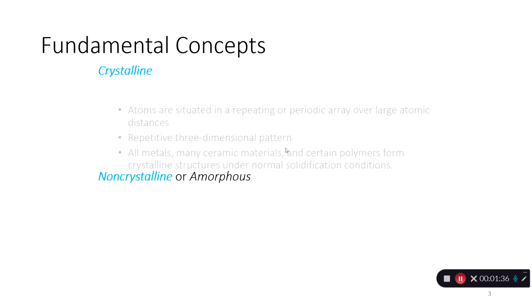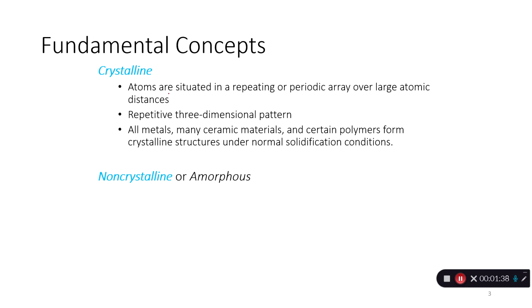The definition of crystalline is when atoms are situated in a repeating or periodic array over large atomic distances. So in a material, let's say this is a block of metal, this block of material is made of a repeating array.